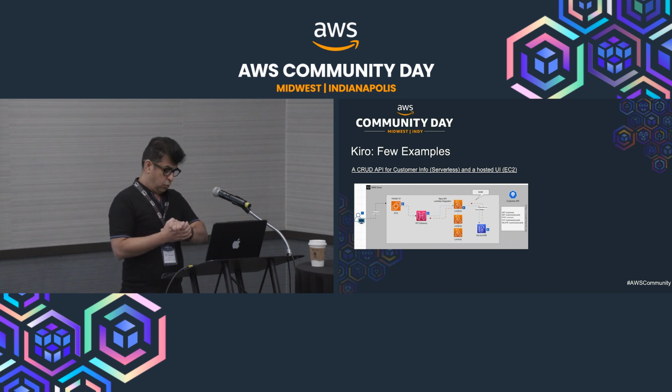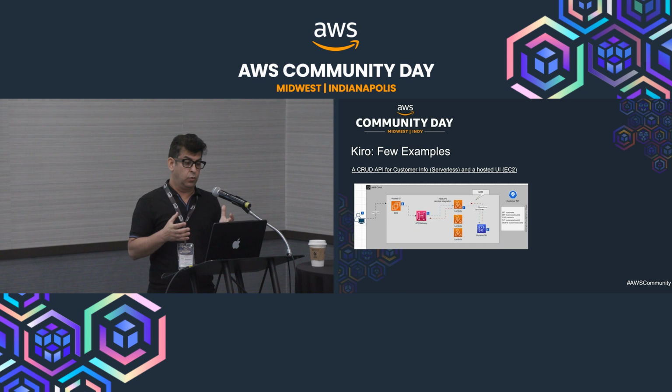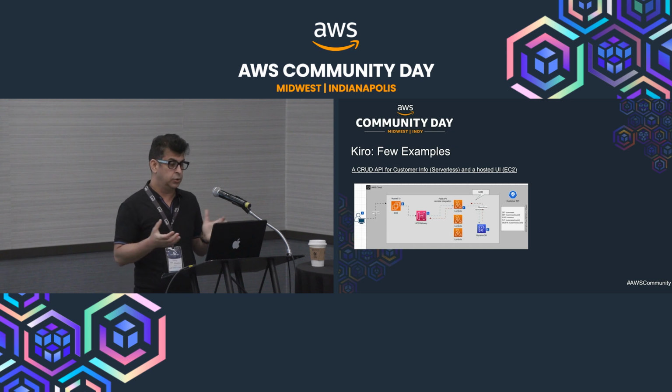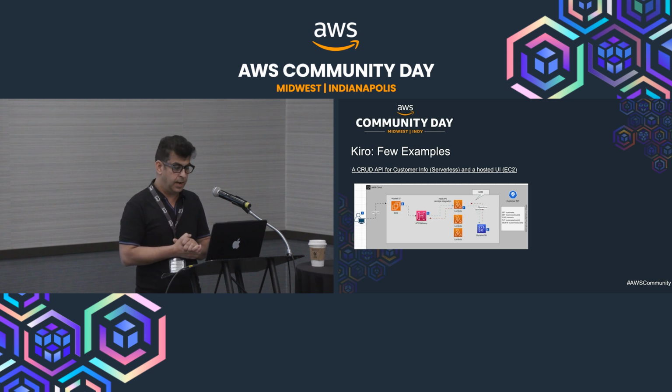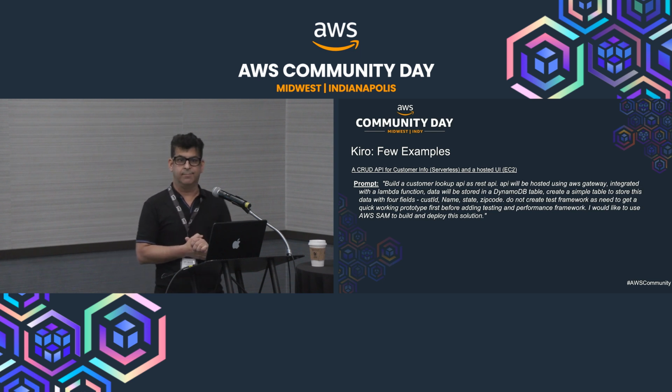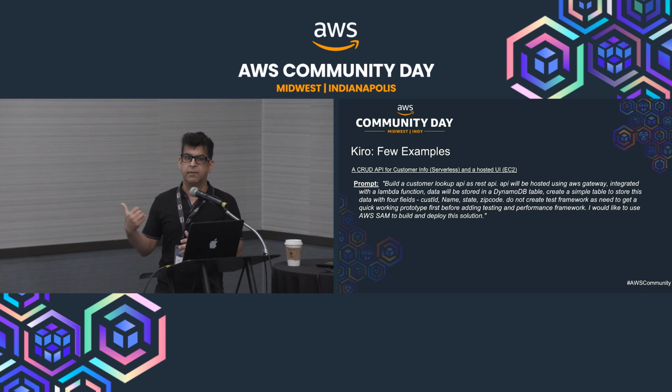So I just want to quote a few examples here. CRUD API, this is an architecture diagram of a CRUD API, which is a UI hosted on an EC2. You have API Gateway. You have your core business logic in Lambda. And you have DynamoDB that's storing the customer information. This is something like a serverless stack that you can create in really minutes by giving a prompt.